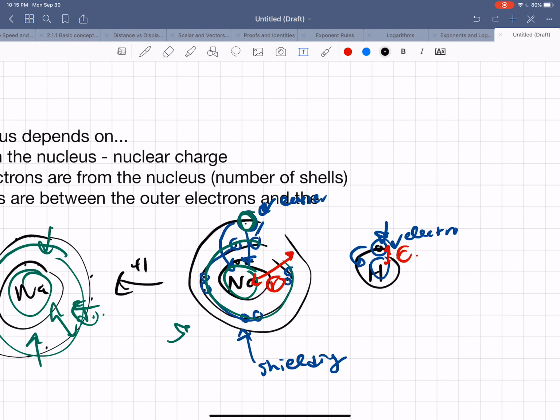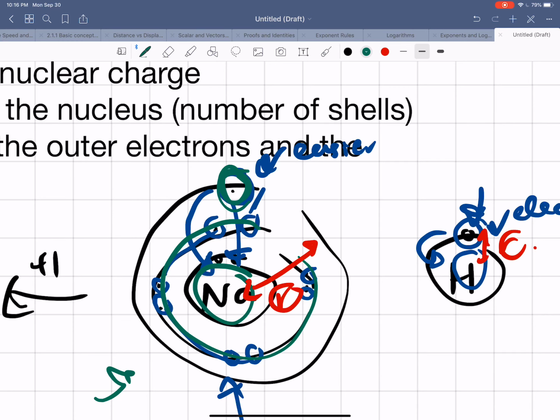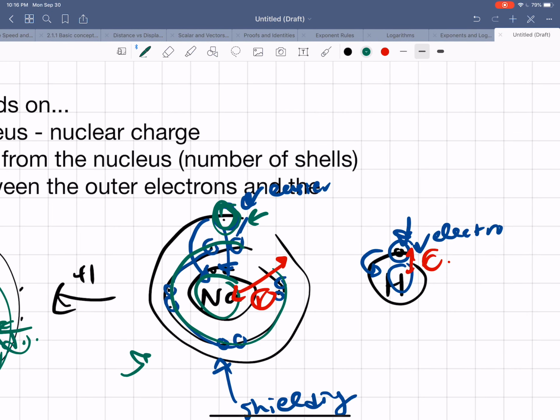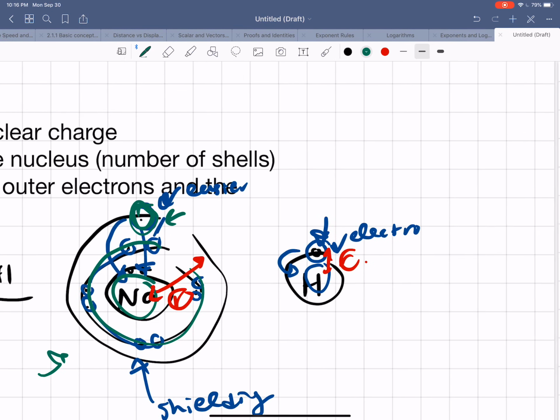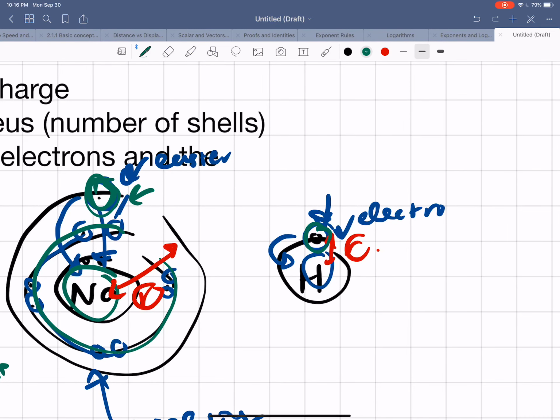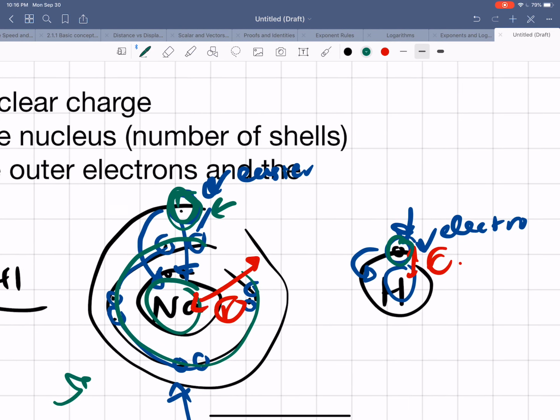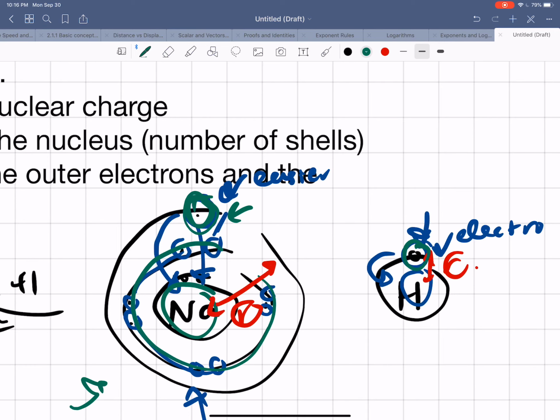If we go back to our sodium atom and we want to ionize it, we look at our valence electron right here in green. Compared to that of hydrogen, this electron is more liberated in that it's not as influenced by the nuclear charge as, say, this one right here, which is closer to the nucleus.